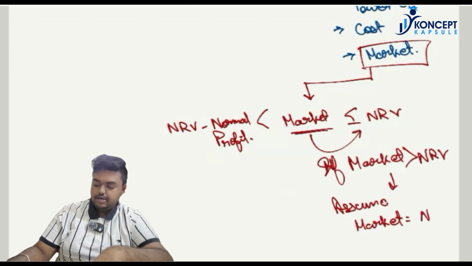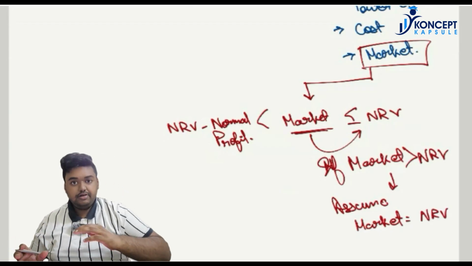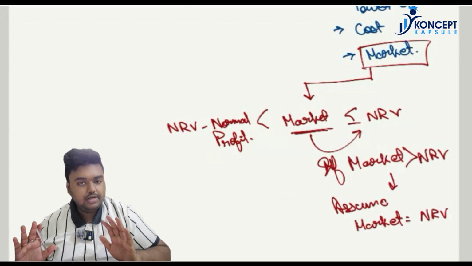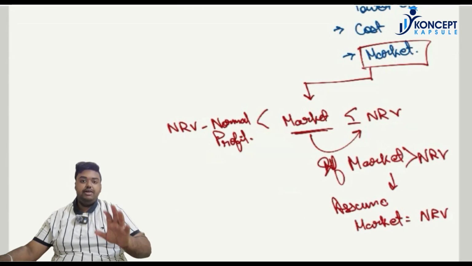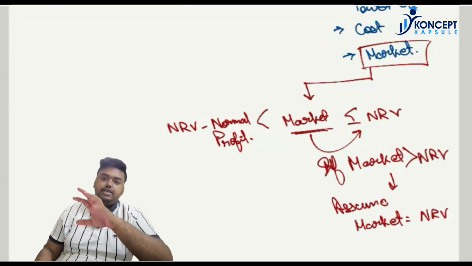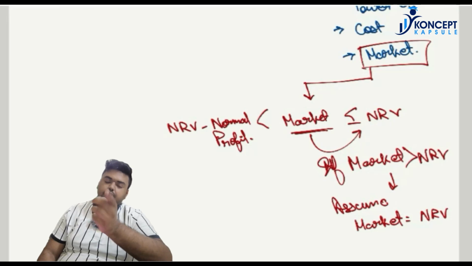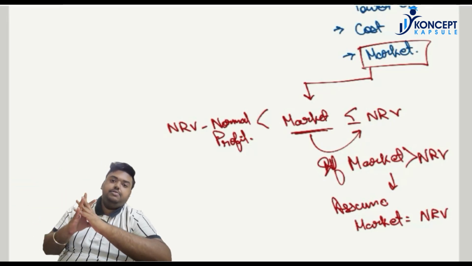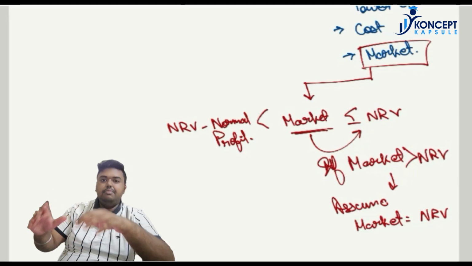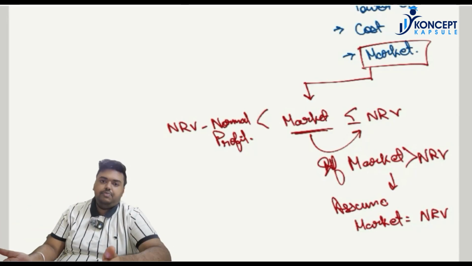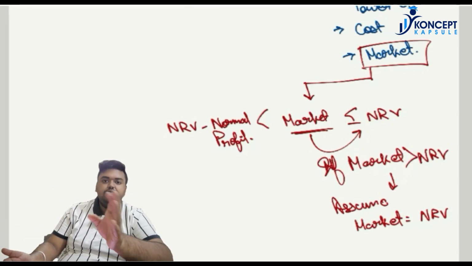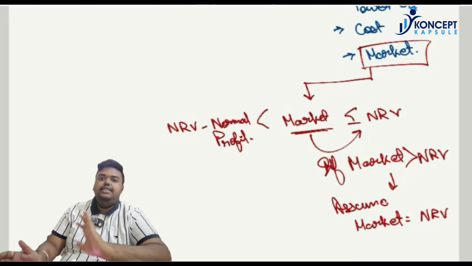Okay guys, I understand you may find it confusing, but it is not confusing. See, we have to be very clear. In IFRS or US GAAP, the rule is the same, cost or NRV. But when we are talking about LIFO and retail, then it is not NRV, it is market. But market is nothing but based on NRV. It is within the range of NRV minus the profit margin and the NRV.